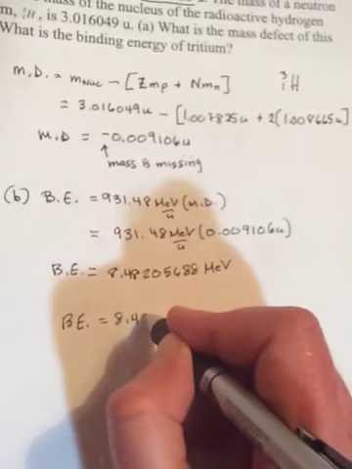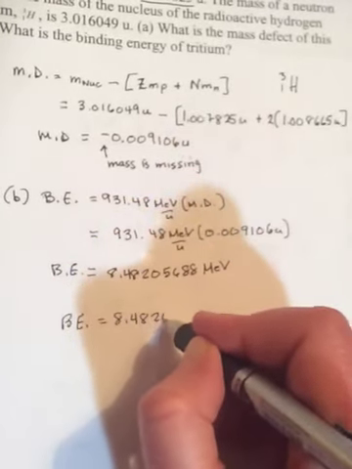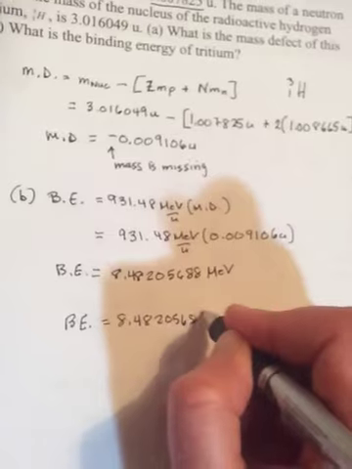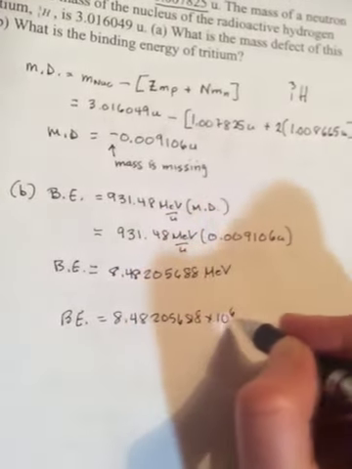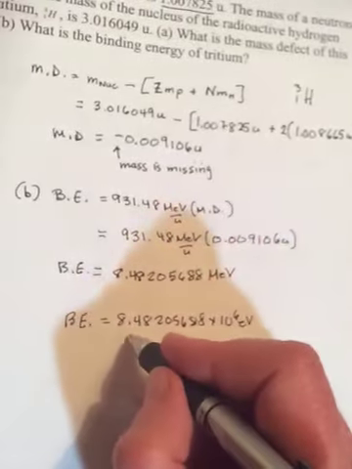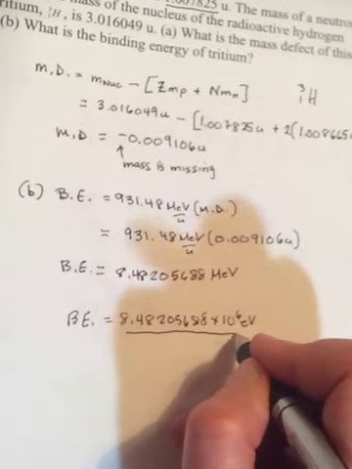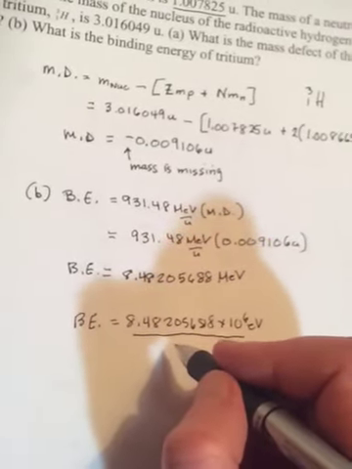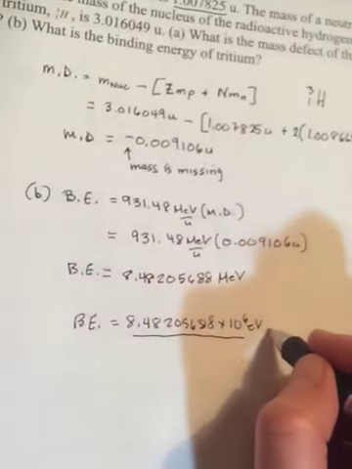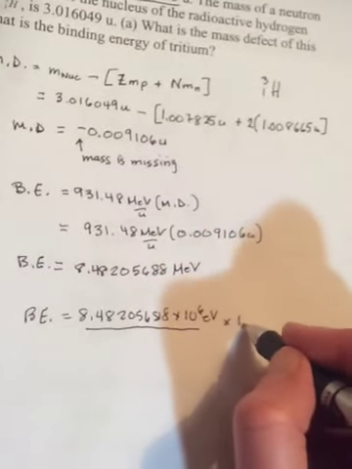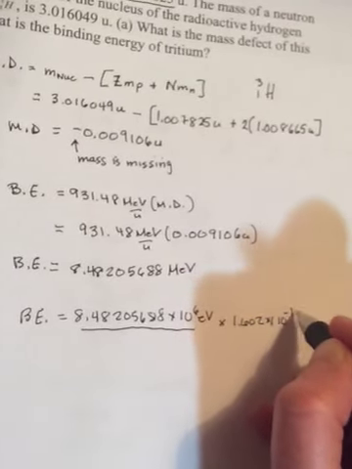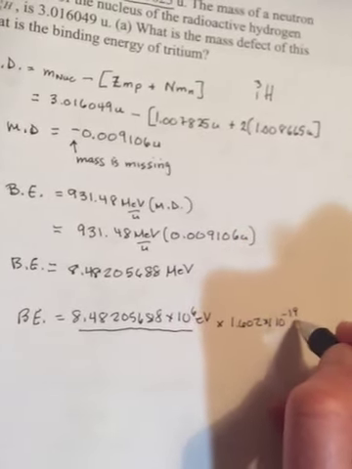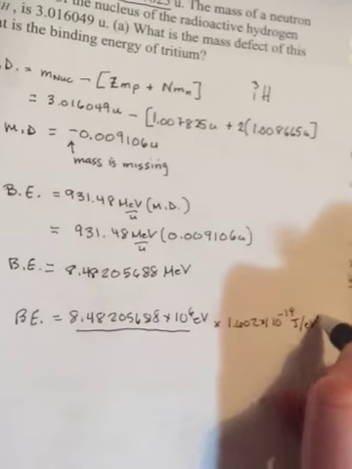So 8.48205688 mega electron volts is really times 10 to the 6th electron volts. And then to switch to joules, joule per electron volt, you don't want to divide, you want to multiply. So 1.602 times 10 to the negative 19 joules per electron volt.